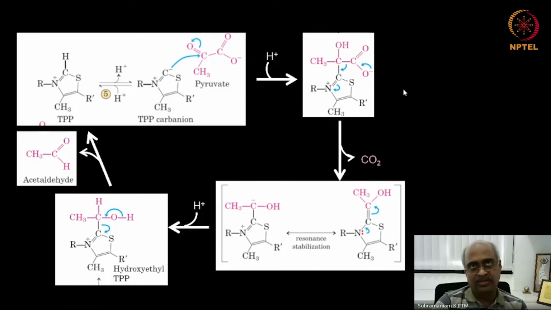When we learned about the types of reactions, first we learned about oxidation reduction reactions. Second, we talked about carbon-carbon bond formation or breakage. There we saw the importance of the carbonyl carbon, and we learned about aldol condensation, Claisen condensation, and the third was alpha keto acid decarboxylation, and that is the example you are seeing here.